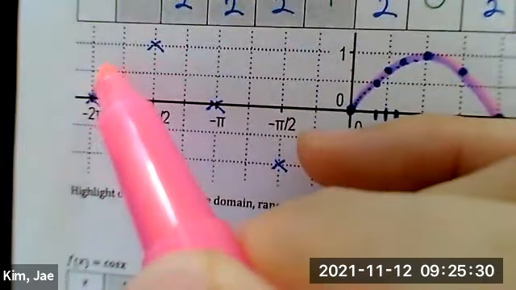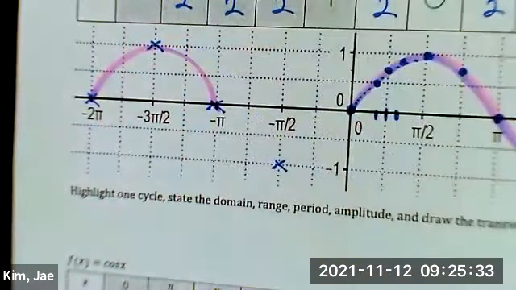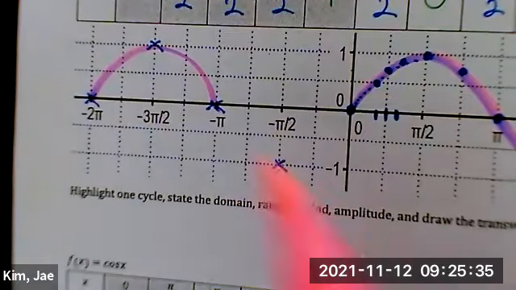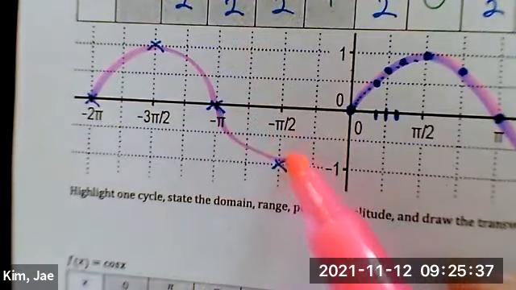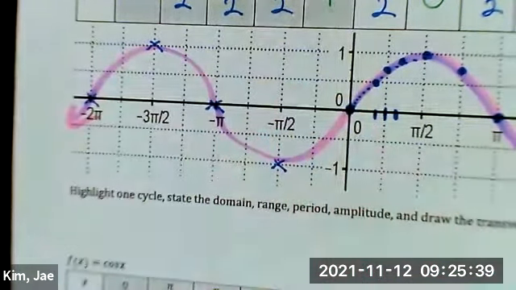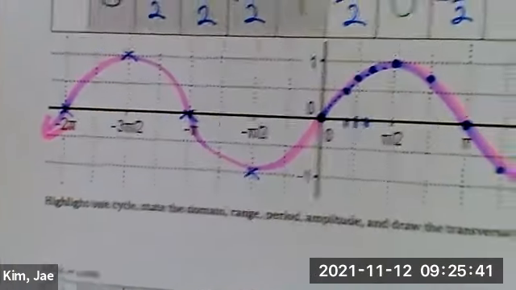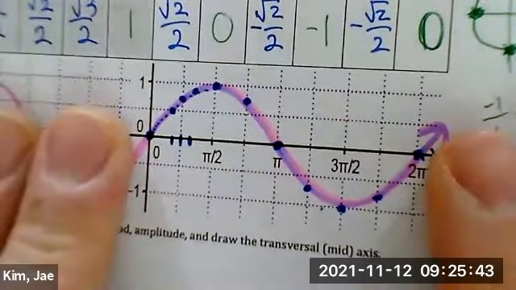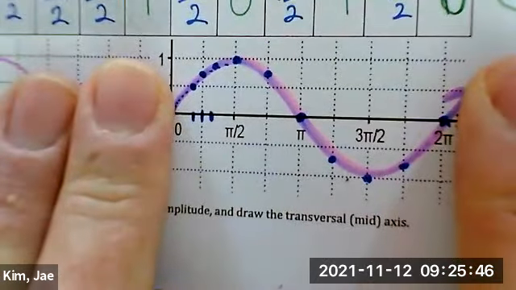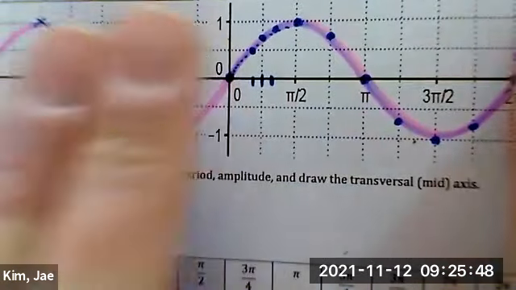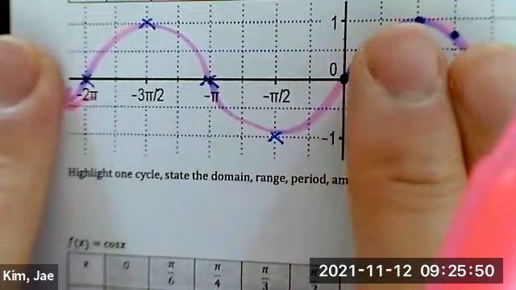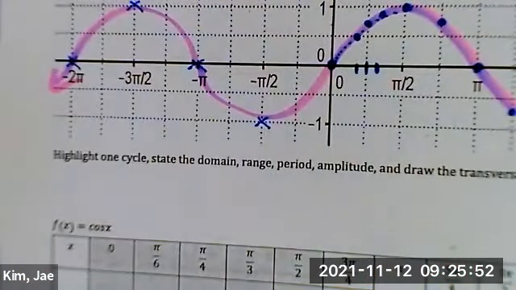It doesn't have to be perfect. And same with these 3. And of course, draw the arrow because it continues on and on and on. So notice why it's periodic. If I take this as a snapshot and I cut and paste over here, I get the exact same thing every 2 pi.